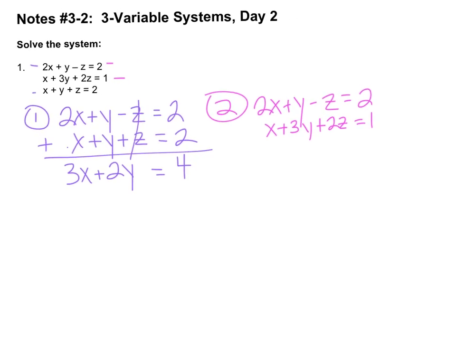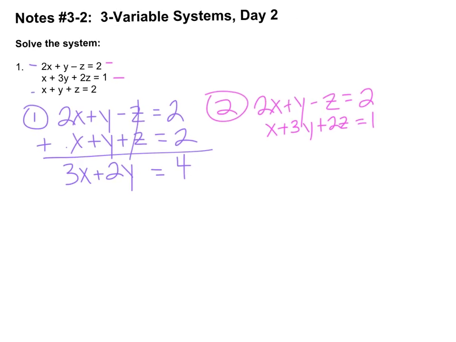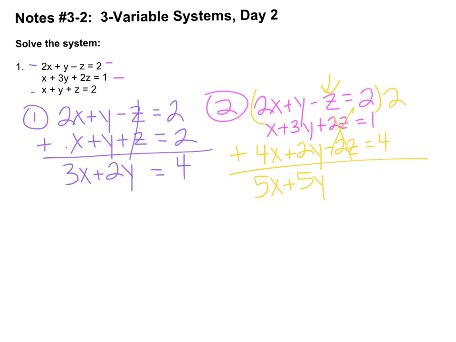Now, I want to eliminate the z's. Notice I would need to multiply the top equation by 2, because notice it's already negative. So that's going to be 4x plus 2y minus 2z equals 4. And I'm going to add those 2 equations together. So that's going to be 5x plus 5y, the z's cancel, equals 5.